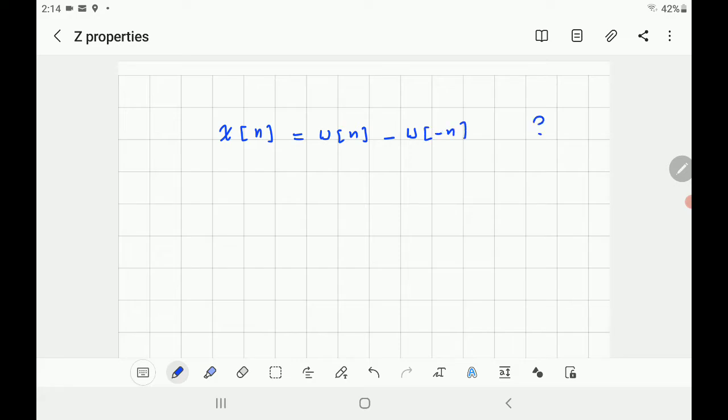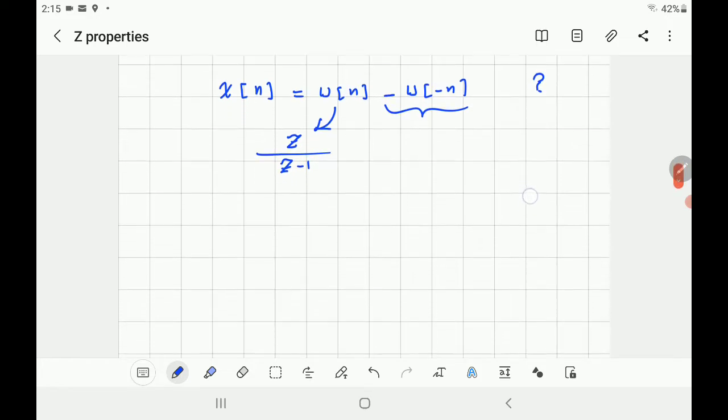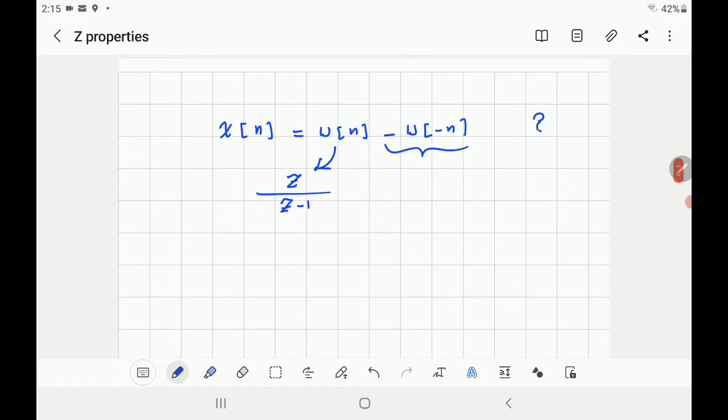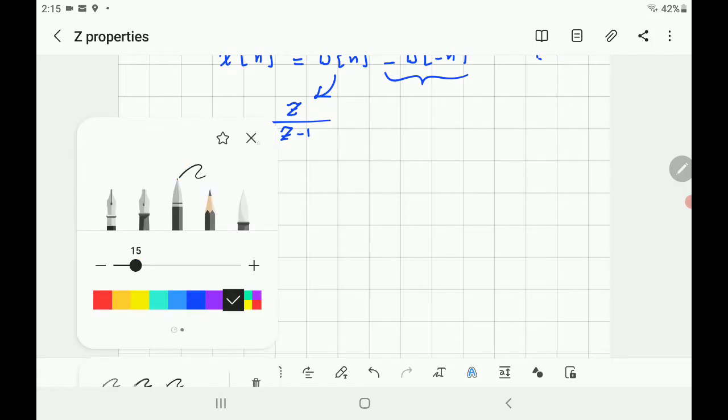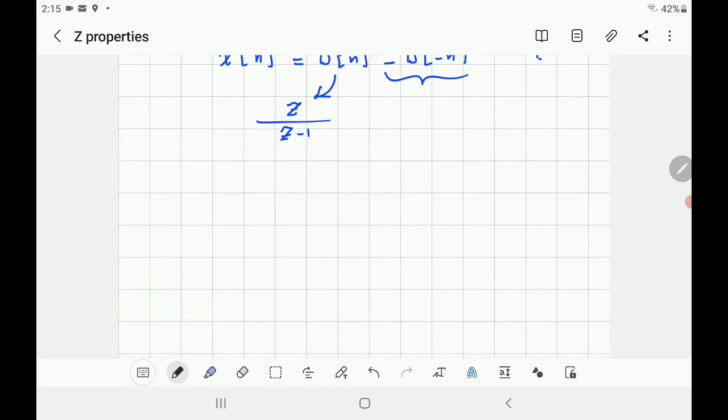So what's the z-transform of this function? We know this one, as we explained before. It's equal to z over z minus 1. What about that? We need a property that explains what happens if you reverse the sequence, or reverse the index from n to minus n. Well, actually there is a property for that.